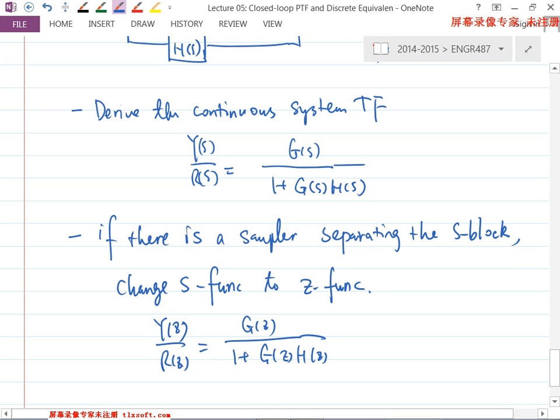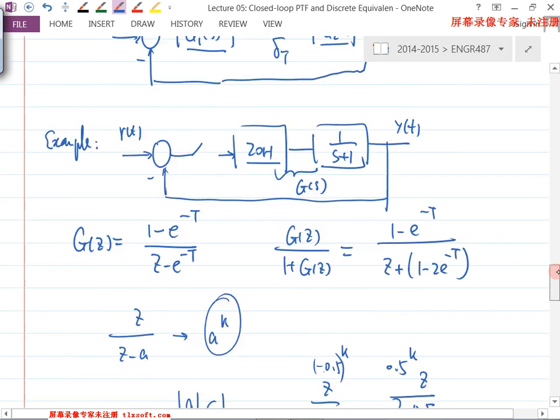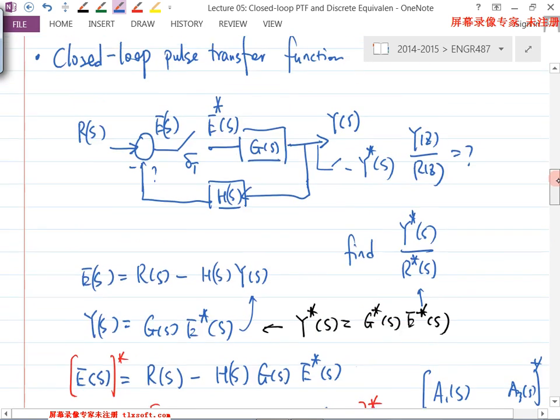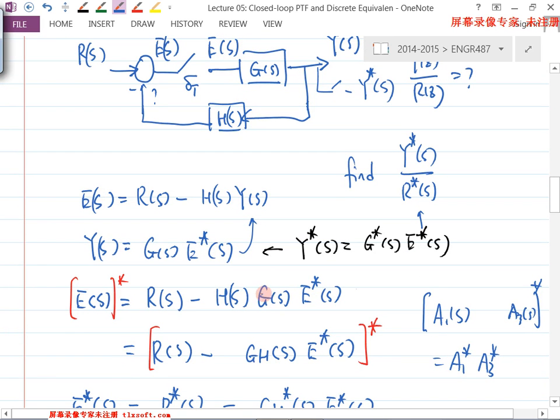If there is no impulse sampler separating the two blocks, what do you do? Just like this one, there's none, so you combine the two blocks into one block.